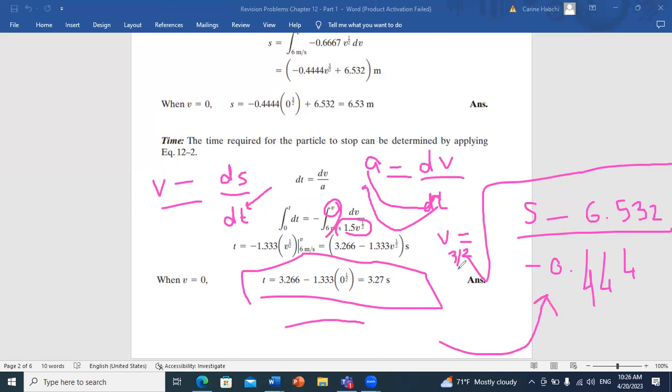If you want to use this method, then you should write ds over v equals to dt. And then when you replace v by its expression as a function of s here, you integrate from S0 to S final. S final is 6.53.